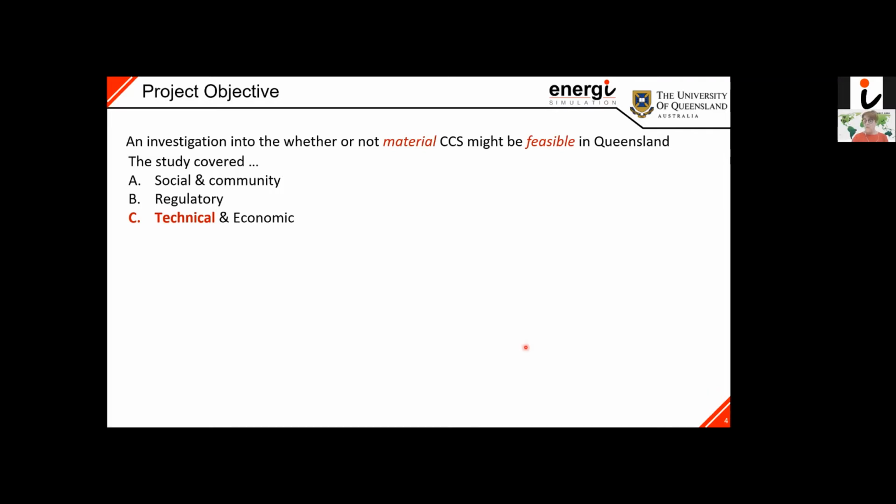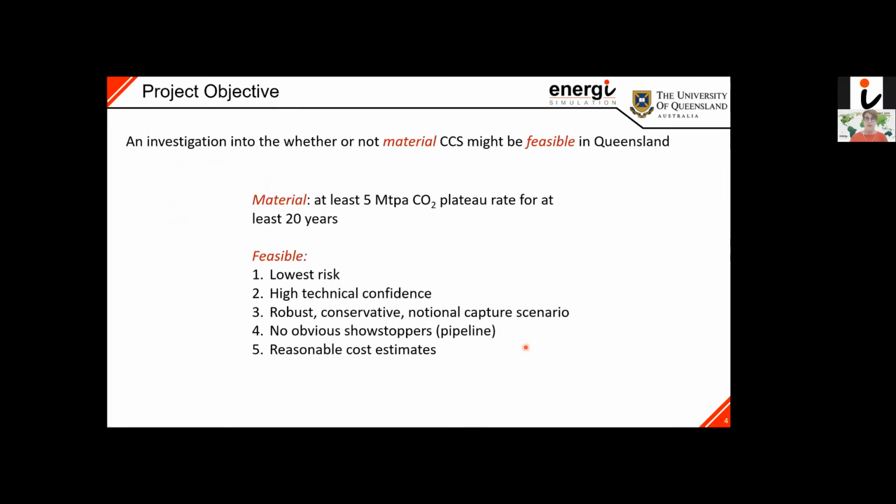Now, what we mean by material is that the Surat Basin should supply at least a plateau injection rate of 5 million tonnes per year for at least 20 years.